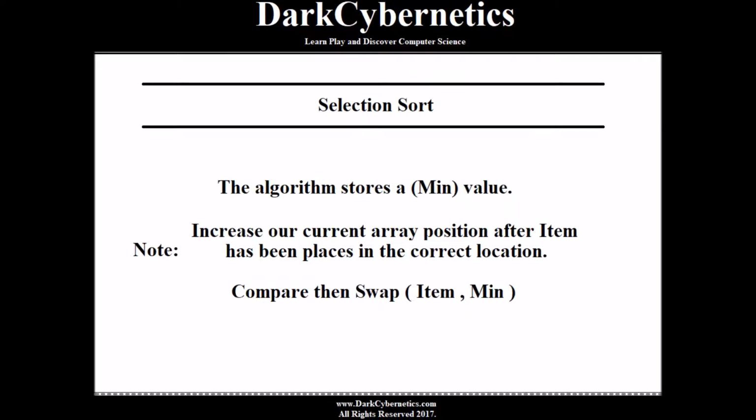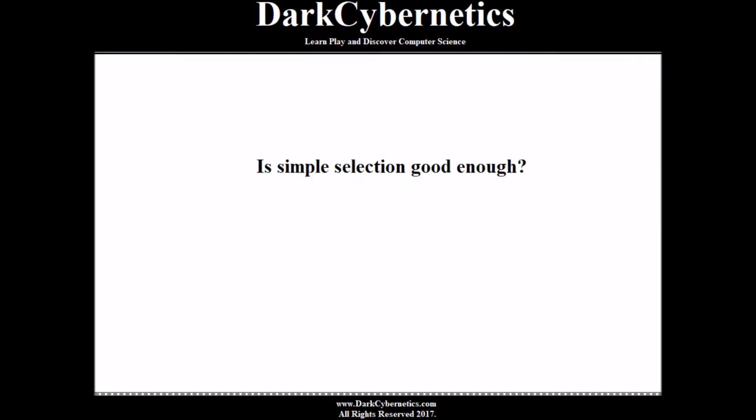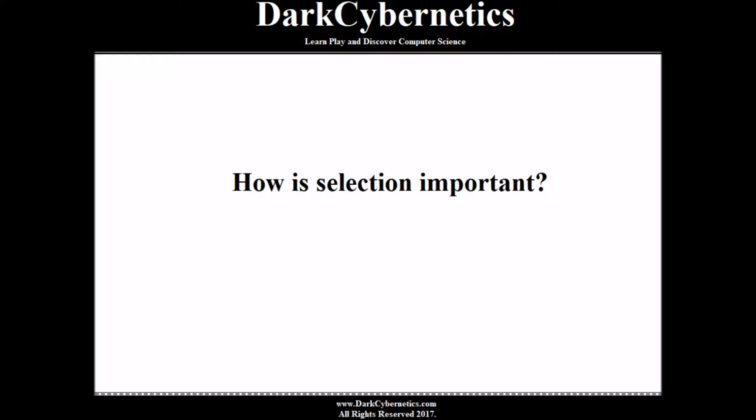Also, this algorithm increases the current position after this item has been placed. The correct item has been moved to the beginning position. And there's also a comparing then swapping activity being performed for an item, and a comparison between the minimum value and that item.